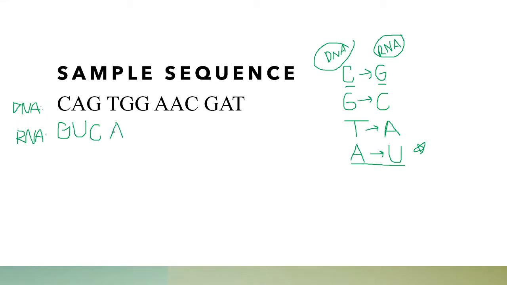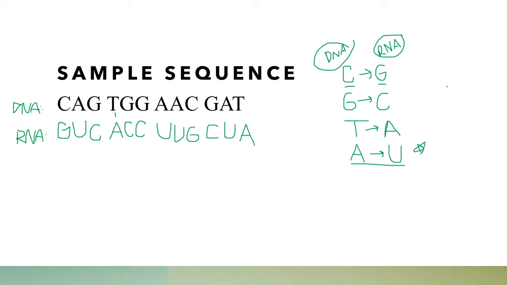That T is going to go to A. Remember, there are still A's in RNA. A, C, C. Remember, we have an A again, so we have to use U. U, U, G. My gosh, my handwriting, you guys. G goes to C. A goes to U. T goes to A.